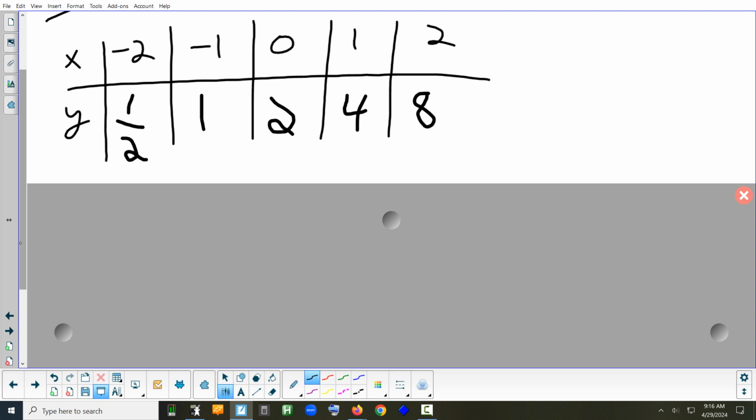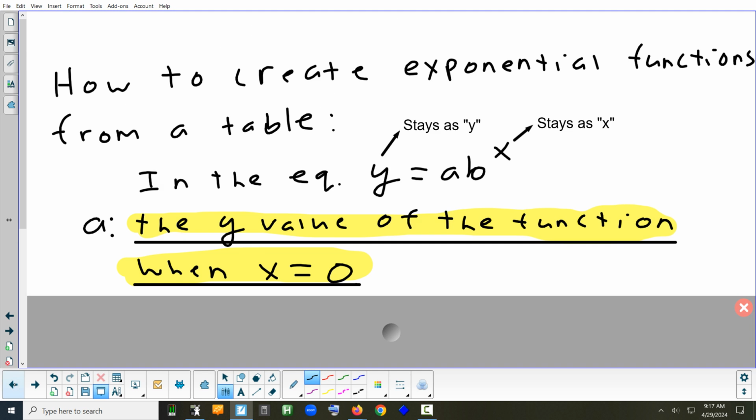So all you have to do is find where the 0 is, and then read the number that's right below it. So if we were writing an equation for this problem, which we're going to in a minute, the A value will be 2. It's the y value right below the x value of 0. Okay, so that's how you find the A.